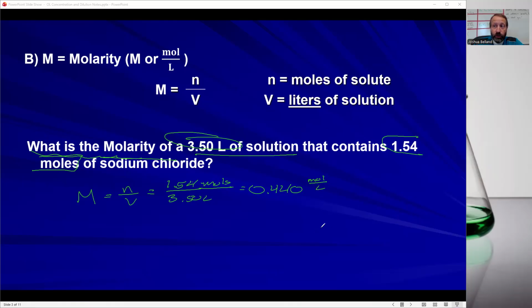Now, it's also totally acceptable to abbreviate molarity as capital M. It is the only thing that is both symbolized with capital M and has units, its label, of capital M as well. So watch out for that. I wouldn't say I've got 3.50 volume.